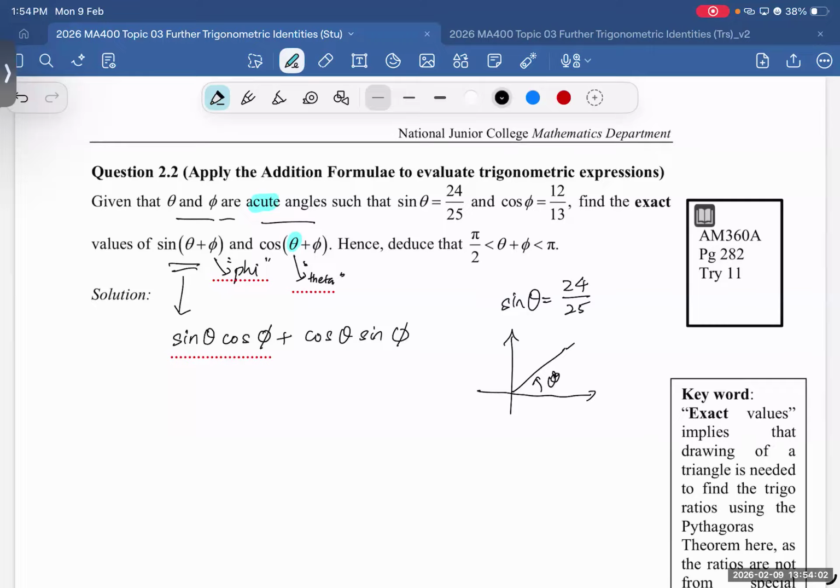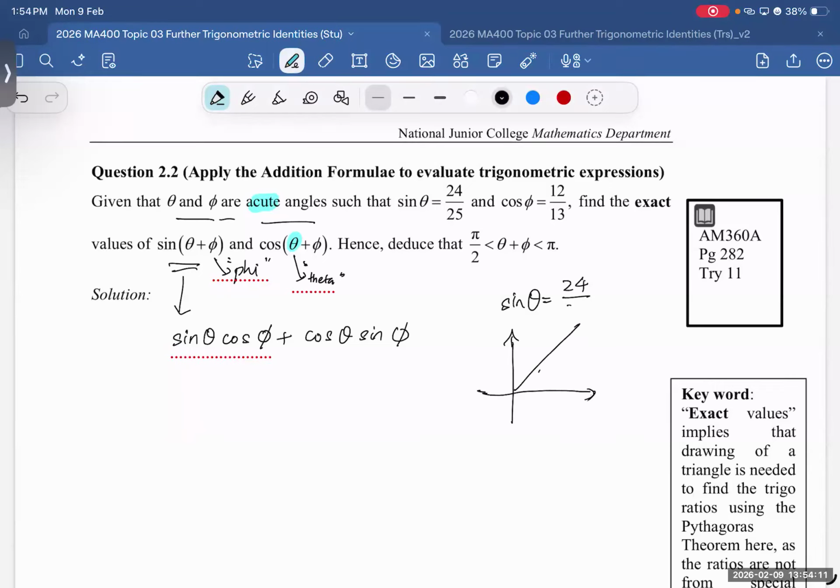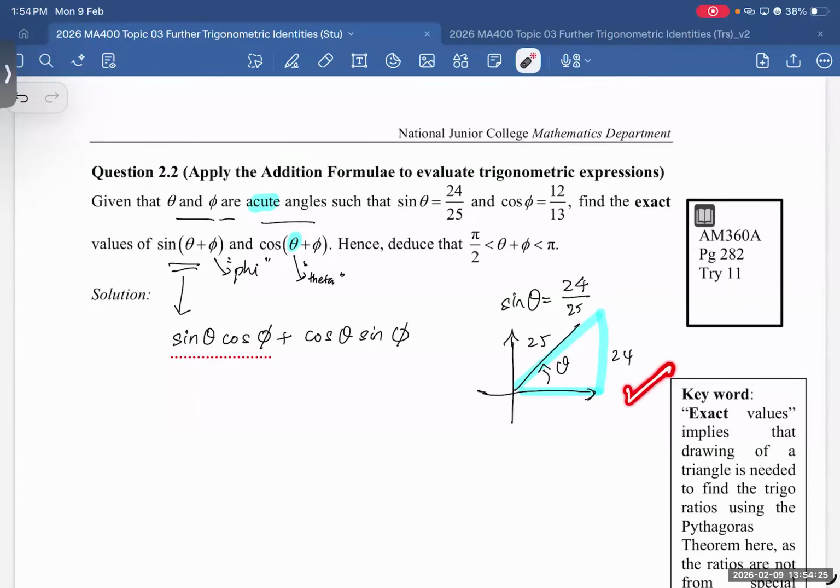They are telling you to make full use of theta, don't just let him sit alone. Theta here has an opposite and a hypotenuse. Sin theta is 24/25.